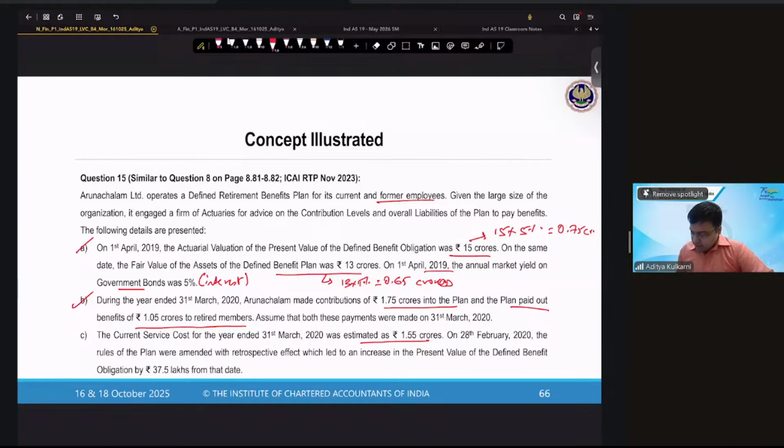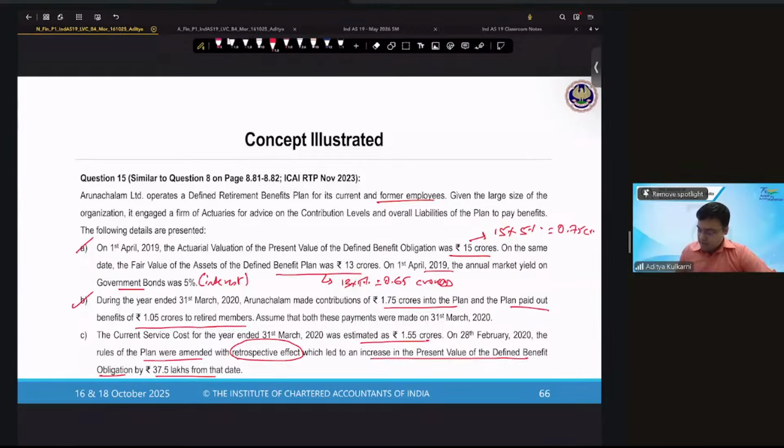On 28th February, the rules of the plan were amended with retrospective effect, which led to an increase in the present value of the obligation by 37.5 lakhs. What is this? Rules of the plan were amended, past service cost.